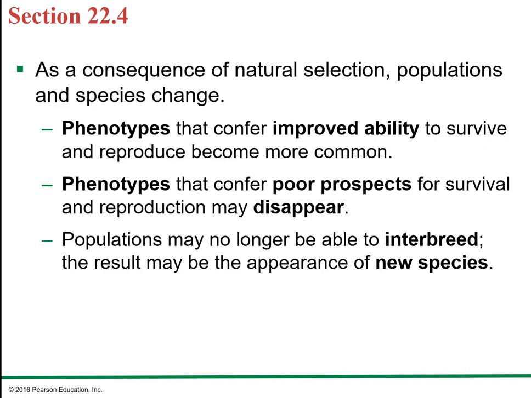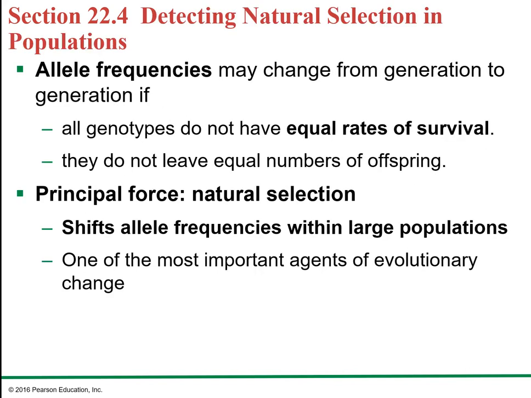Microevolution is changes within a population, on a smaller scale, in terms of changes in genotype frequencies and allele frequencies. But when you talk about macroevolution, remember, you're talking about the development of new species.